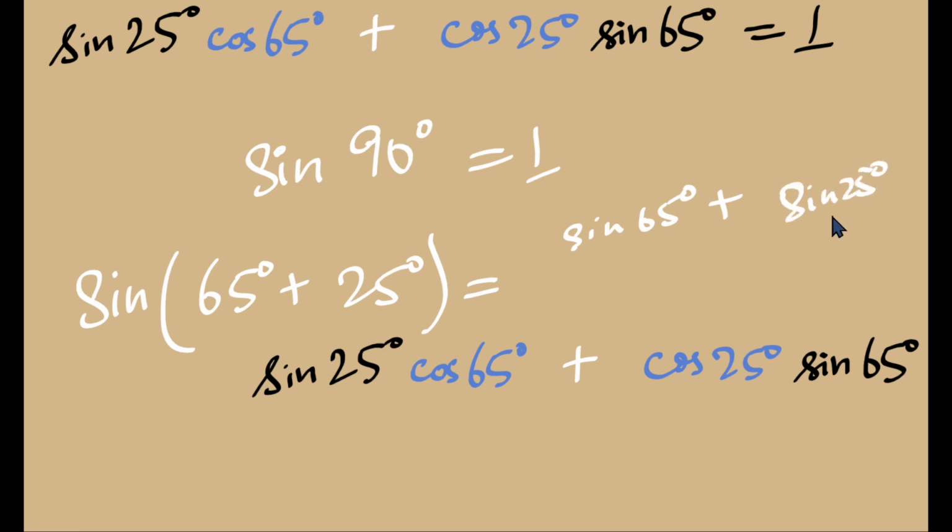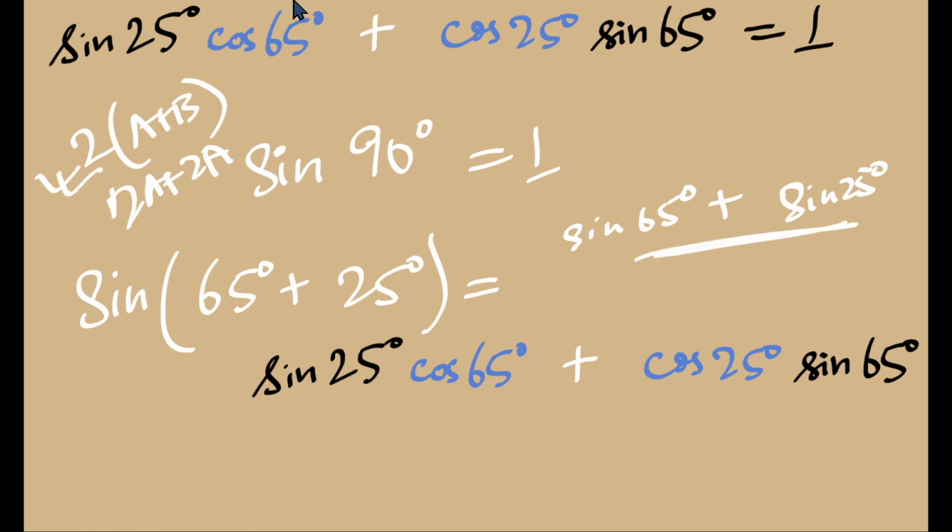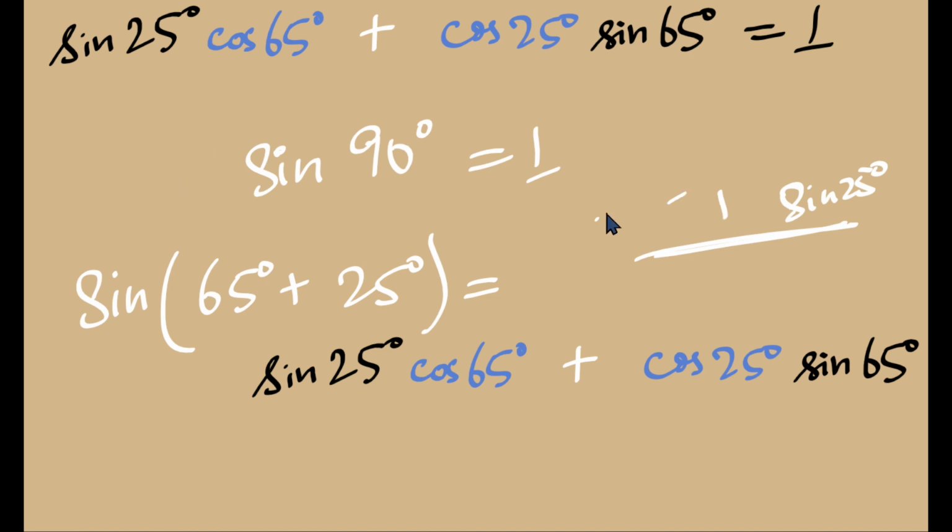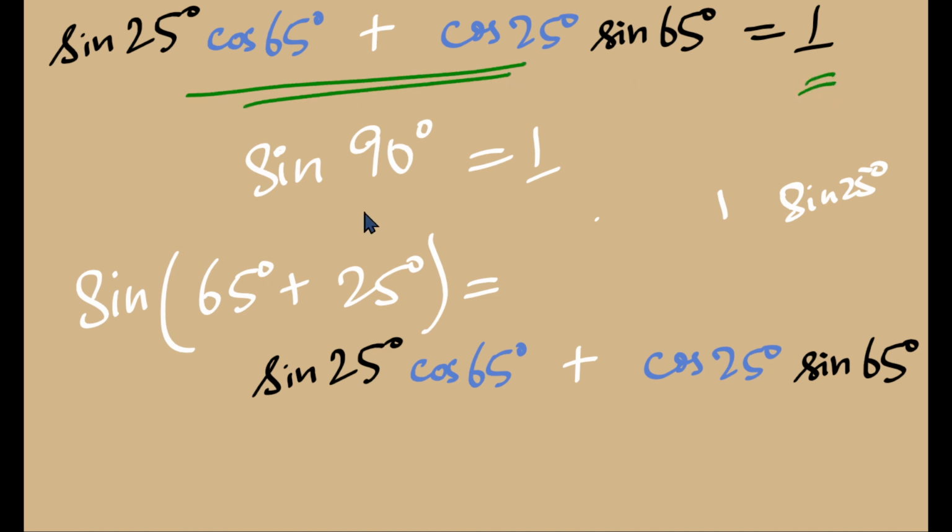This is not how it works. It is not like saying 2 times a plus b is 2a plus 2b. This can be done, whereas this cannot be done, and I am implying that this happens because all of this were equal to 1, because ultimately sine of 90 degrees was equal to 1.